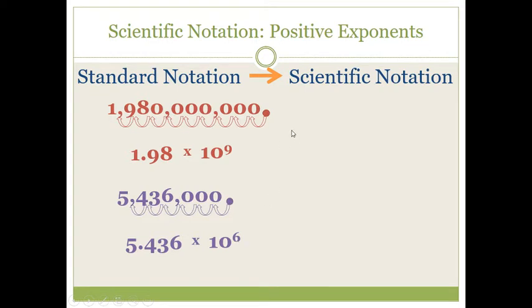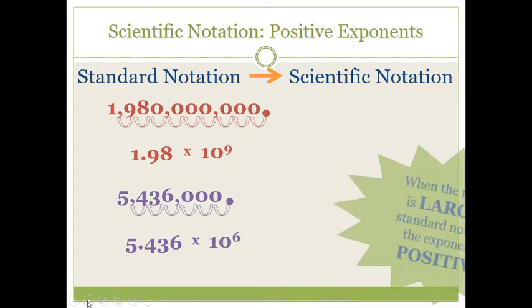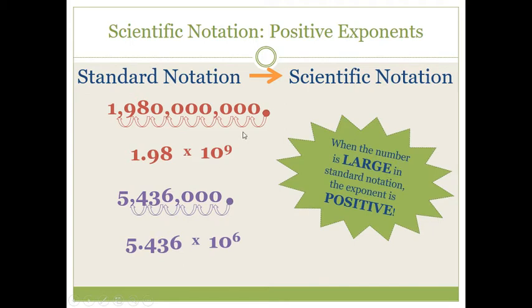Notice, and this should make a lot of sense, that large numbers have positive exponents on the power of 10. Because if I take 10 and raise it to some positive exponent, it's going to be a big number, and then if I multiply that by another number, I'm going to end up with another big number. So when you see something in scientific notation with a positive exponent on the 10, you know that's representing a really large number.